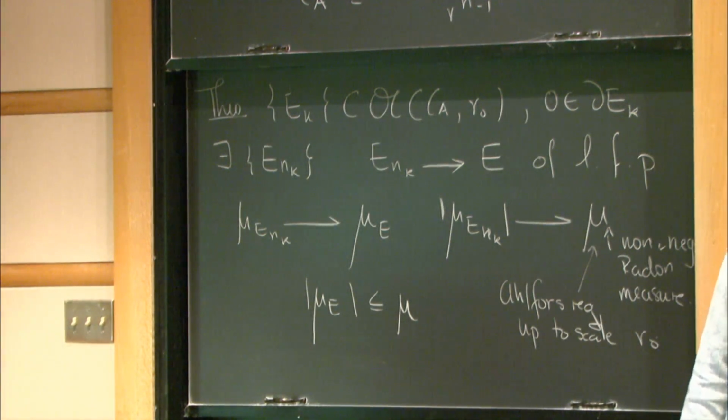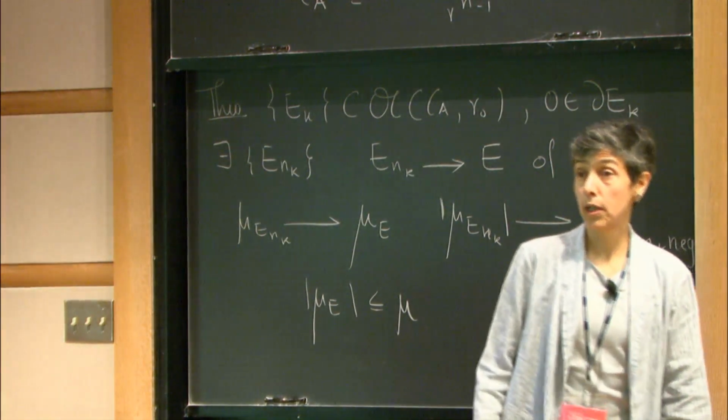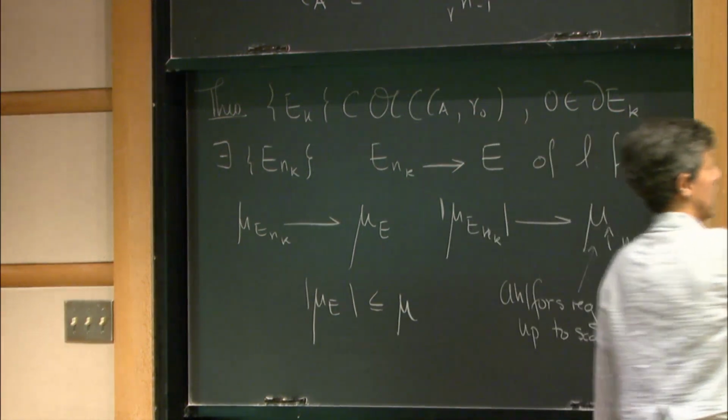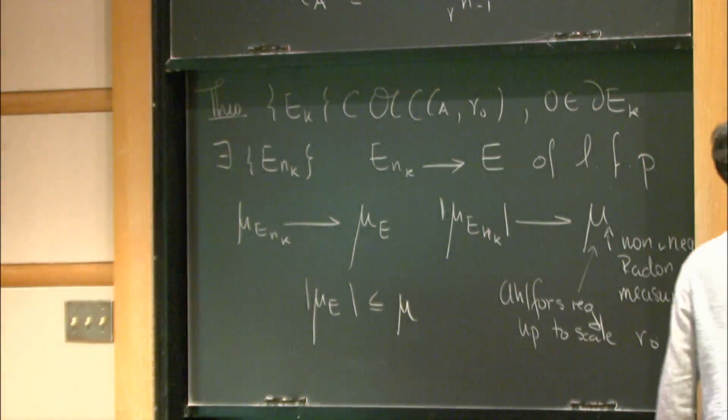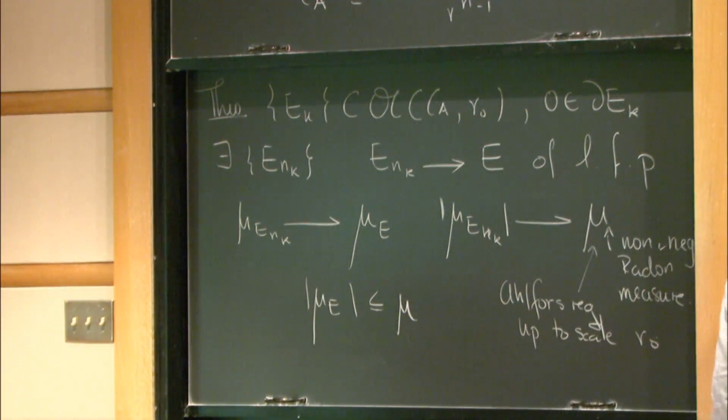The first thing I'm going to write down is that I've been dealing with balls. For now, I'm going to deal with cylinders. So let me give a name to my cylinder.